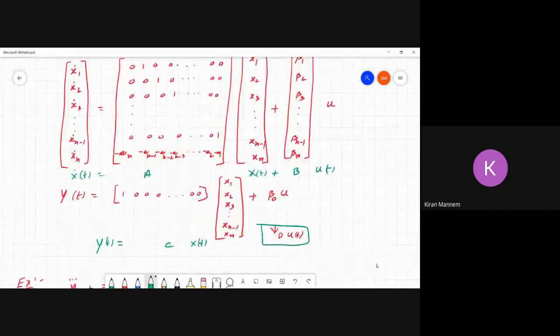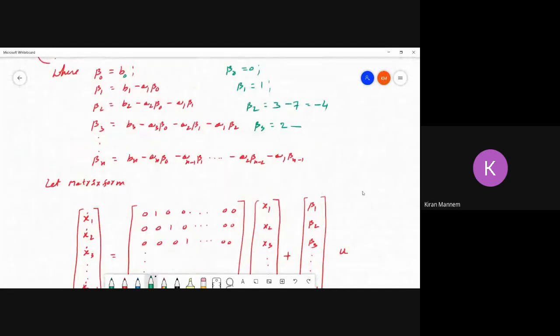A2 is 5, A1 is 7. So what is beta 1 value? It is 1 here. Beta 2 value is minus 4 here. So it would be 2 minus 5 plus 28. So it would be 25. So what are the values? I have got 1, minus 4 and 25.